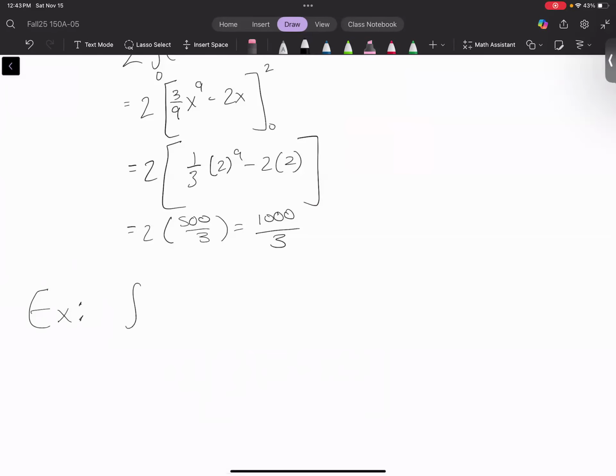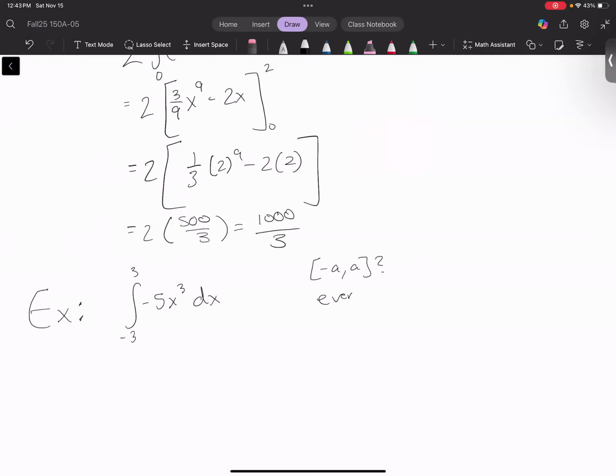Now let's look at another example I want you guys to try. The integral from negative 3 to 3 of negative 5x cubed plus x, excuse me, let me just leave it as x cubed dx. So you need to check, is it symmetrical bounds?